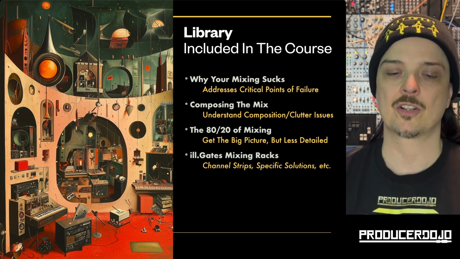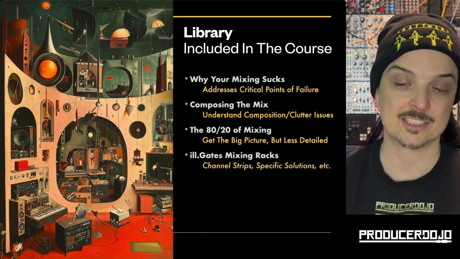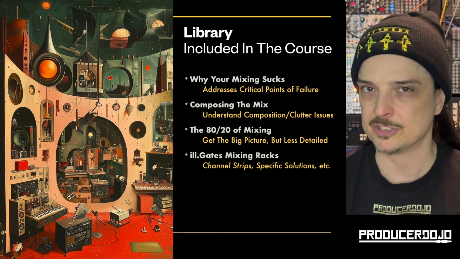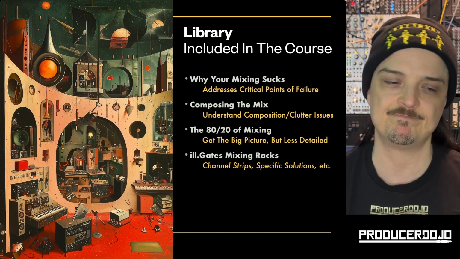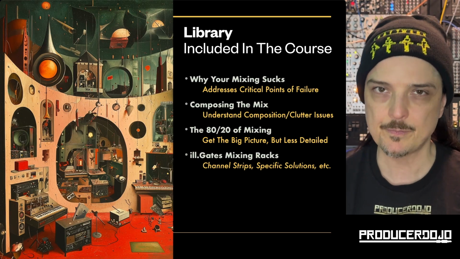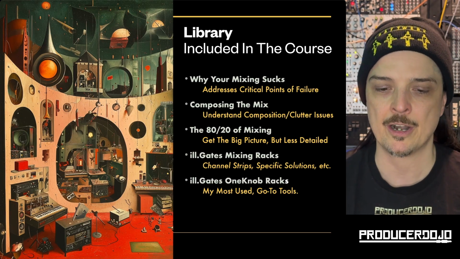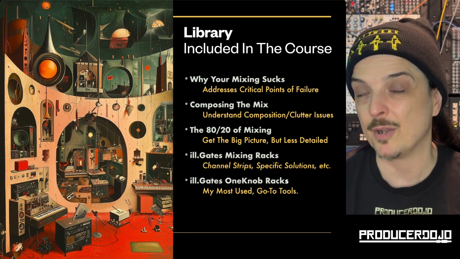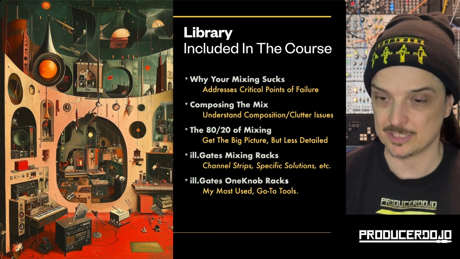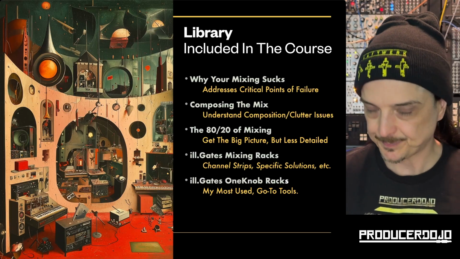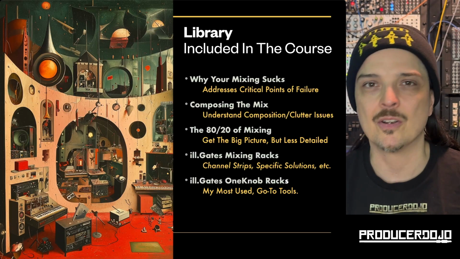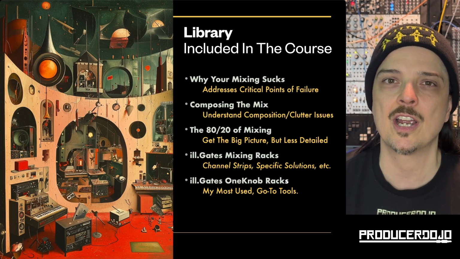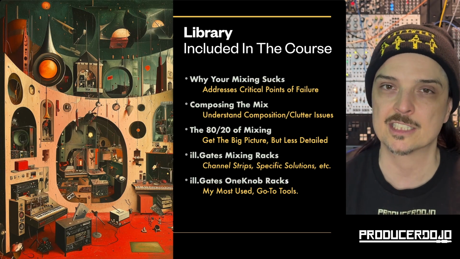Then I've also included a collection of ill.Gates mixing racks. These are all kinds of racks for all different purposes. You can poke around and have a look. The names make it fairly obvious what they do, and you'll see some of them come into play later. Same thing with the ill.Gates one knob racks. These are my go-to bread and butter racks that I use in every track when I just need a quick low pass, or I need to do an effect sweep of some kind. But then there's also a bunch of mixing racks in there.